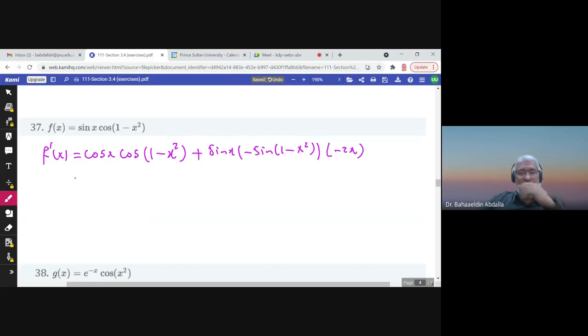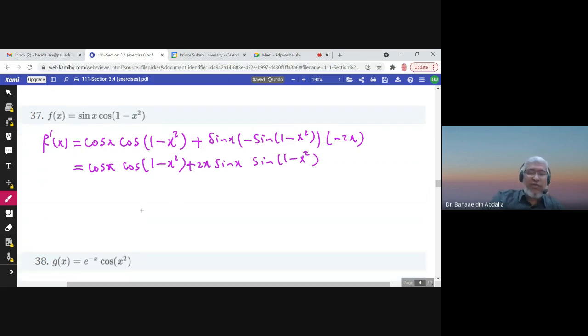I can write the answer as cosine x, there is no change here, cosine 1 minus x squared, but here I have minus times minus, it would be plus, and I can take 2x outside, so 2x sine x times sine 1 minus x squared.